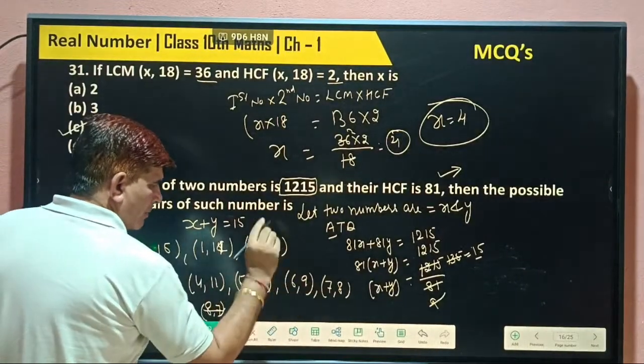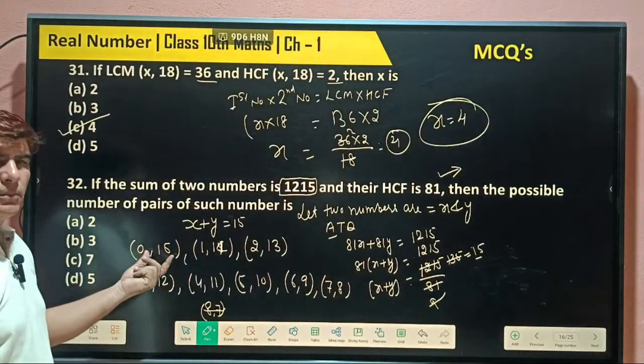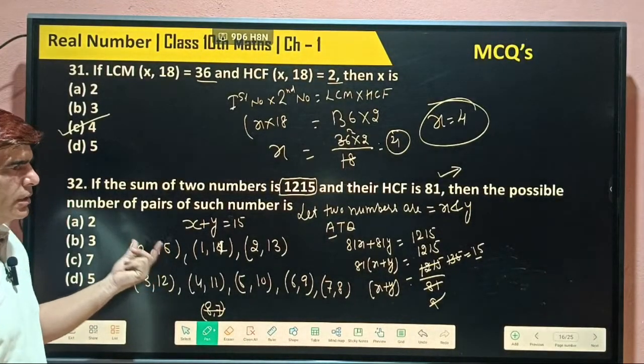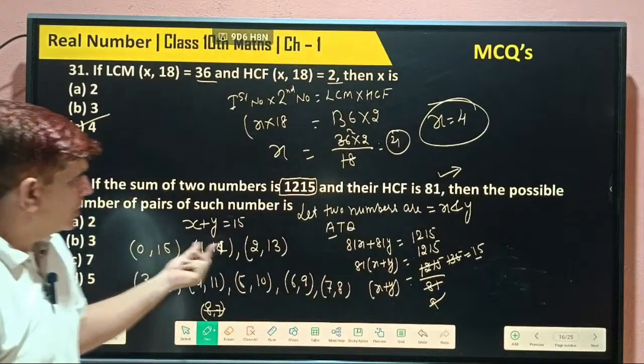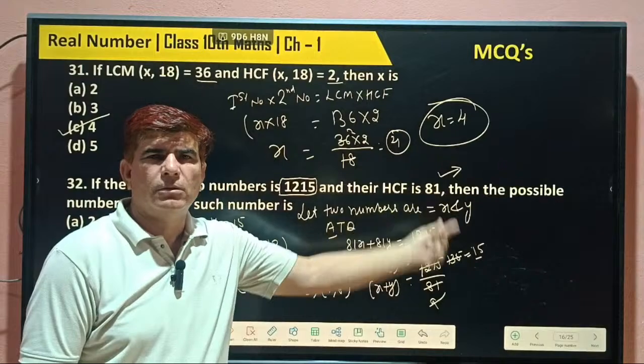So this and this are the same. After this it starts repeating. But 0 is not possible. If this is 0, then this becomes 0. So their HCF 81 is not possible.